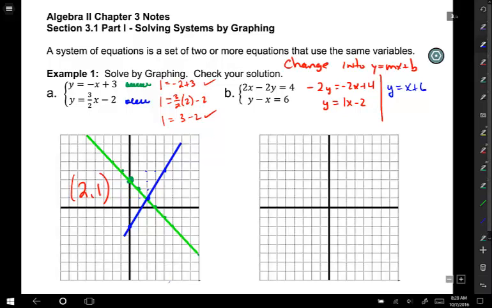All right, so let's graph the red one. I start at minus 2. I have a slope of 1. Putting my dots up and down my graph because I'm looking for where they intersect.